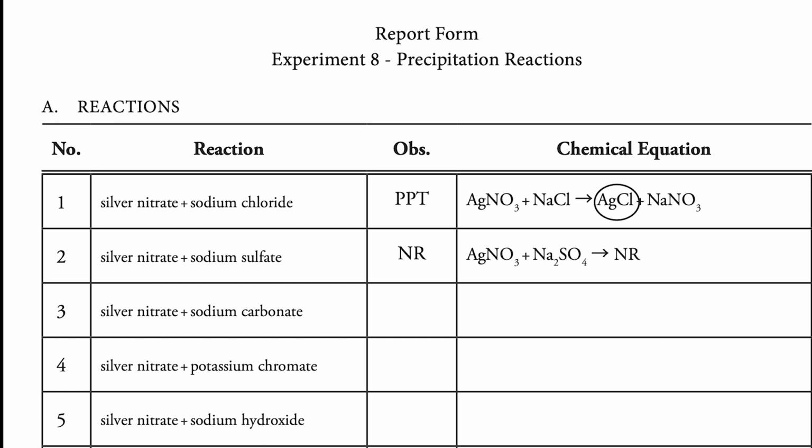And then you balance the chemical equation. And finally, you're going to circle the material which caused the haziness or the precipitation. If there's no reaction, you'll still draw the reactants and the right-hand arrow, but end it with an NR for no reaction.